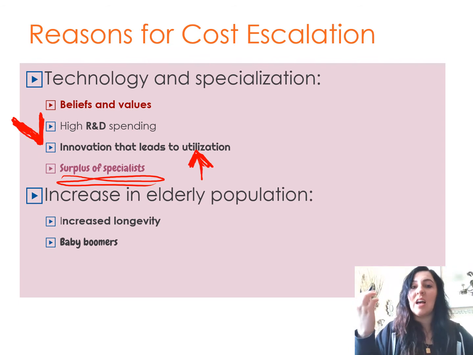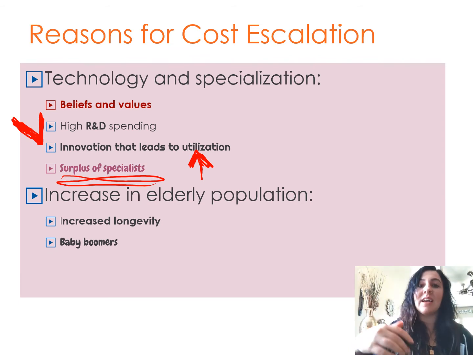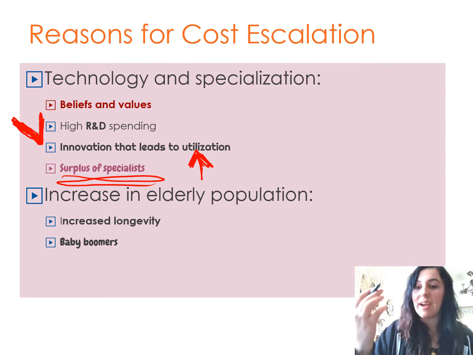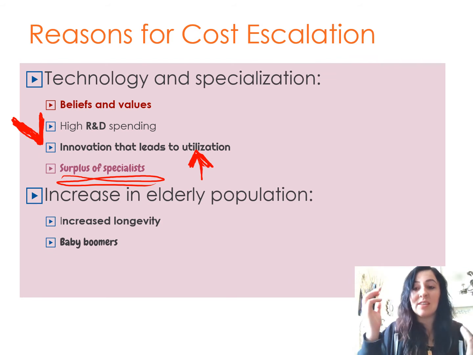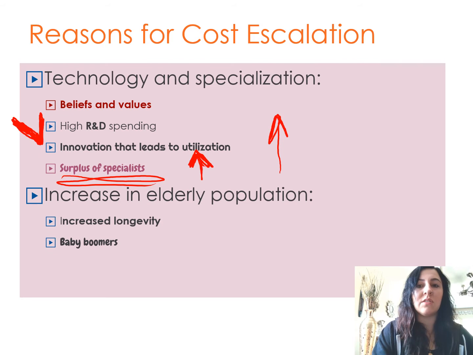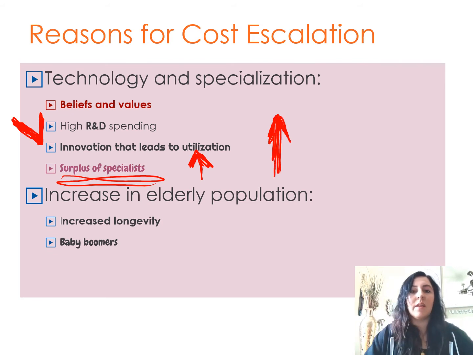So is technology. When we have a lot of new great medical technology out there, usually it's going to be a lot more expensive and it's going to really drive up our healthcare expenditures. We're going to spend a lot of money on it.